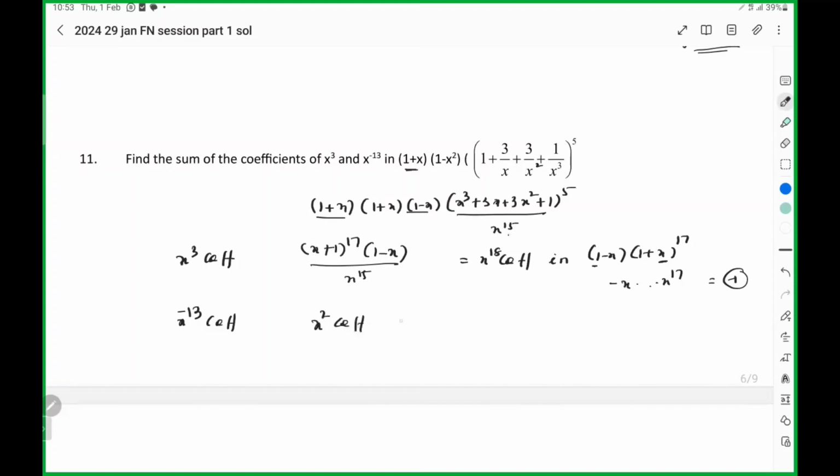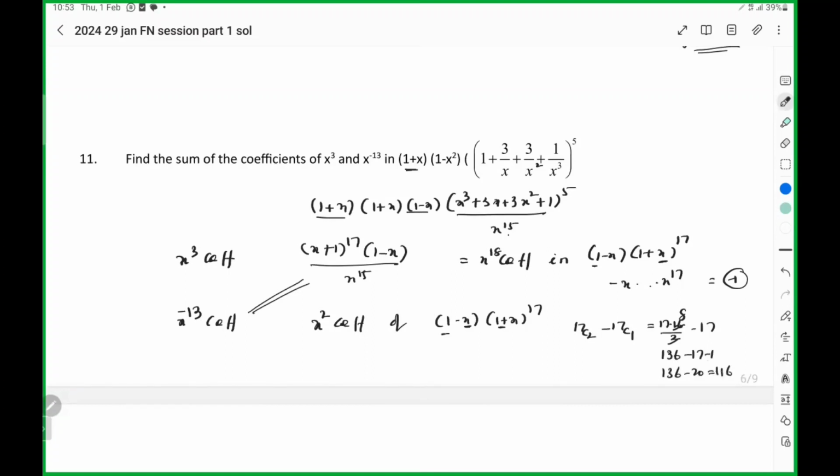Similarly, the x power 13 coefficient is same as minus 13, x power, that is the x squared coefficient of (1 minus x) into (1 plus x) power 17. So 1 into 17C2 x squared minus 17C1, x into the x coefficient. 17 into 16 by 2, 136, minus 17.